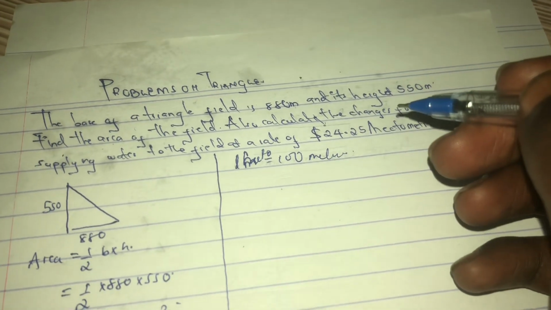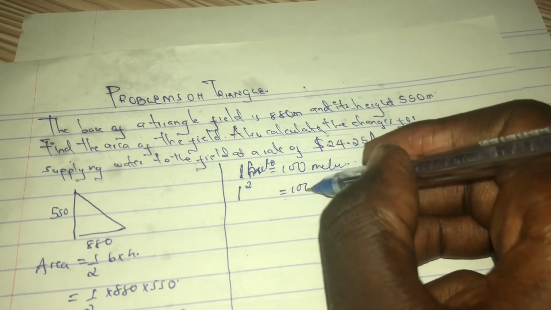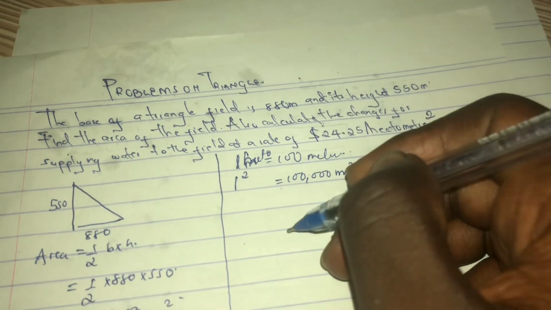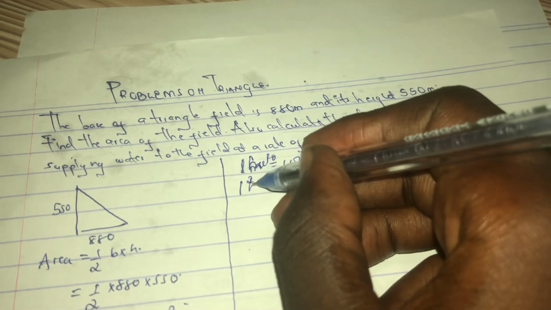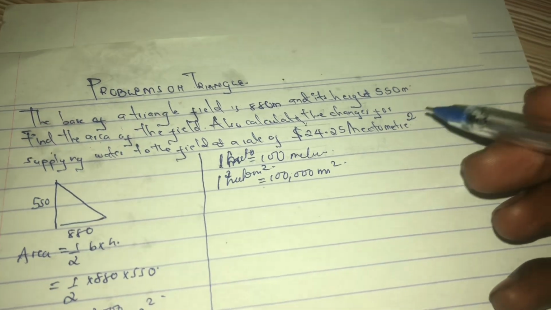Are we together? So the area of a hectometer squared will be 100 times 100, so 1 hectometer squared will be 10,000 meters squared. Are we together? 1 hectometer squared, since we are dealing with the squared part.